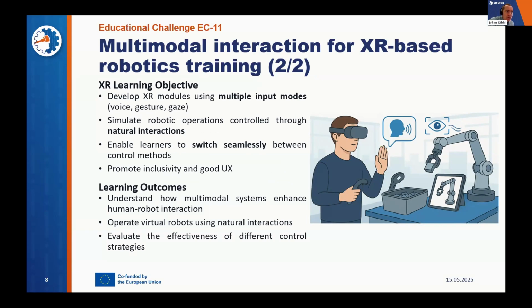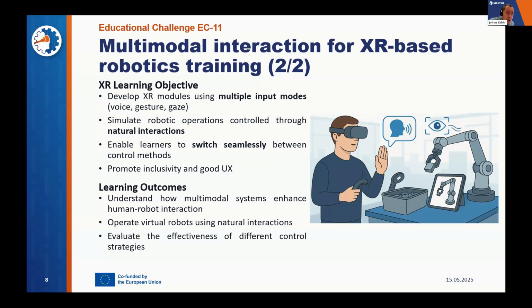So we expect to develop XR modules using multiple input modes to simulate robot operations controlled through natural interactions, and to allow the user to switch seamlessly between control methods, changing from one way of communicating with the robot to another, and with all of this to promote inclusivity and, for absolutely everyone, a good user experience.